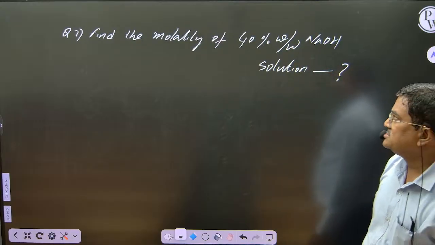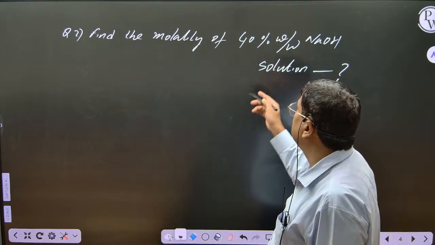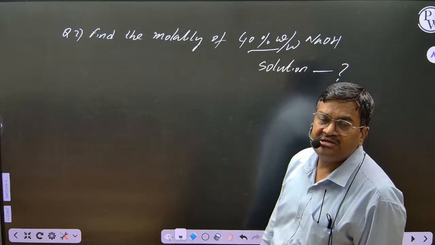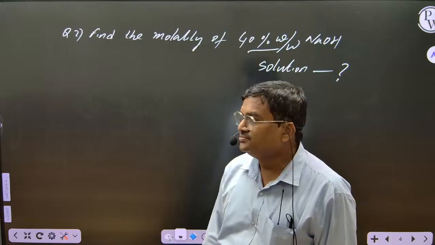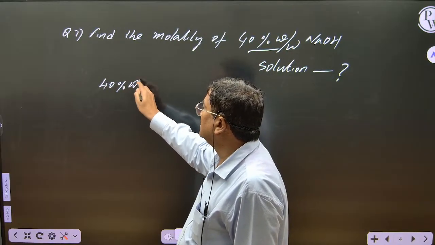Now, did you understand what he wants to find? Molality. In what percent is he saying? 40% W by W. Then what is the 40% mass percentage given to you? So what does 40% W by W NaOH mean?